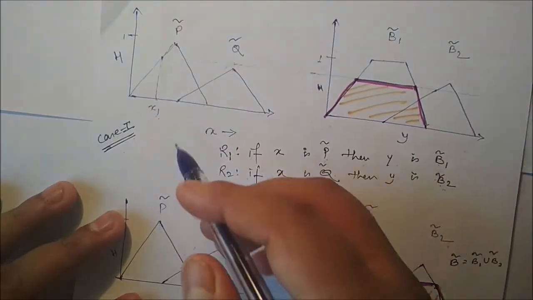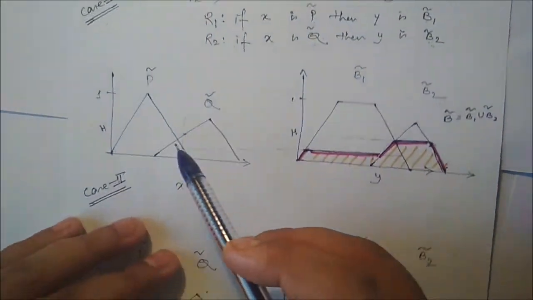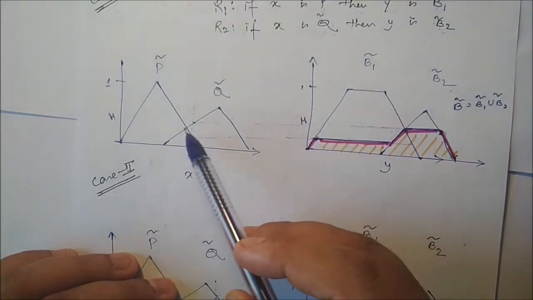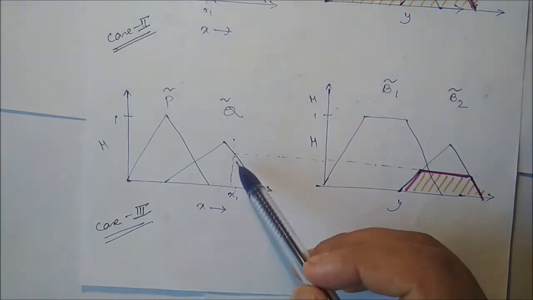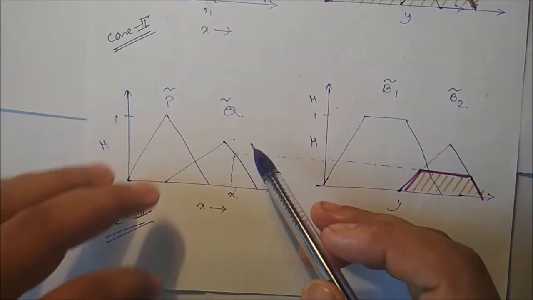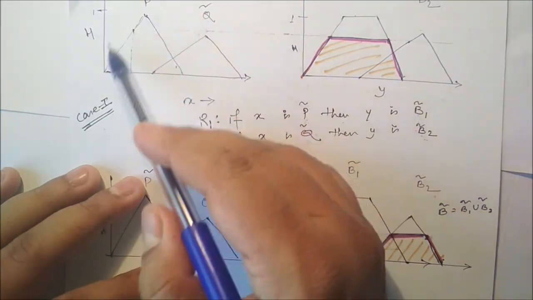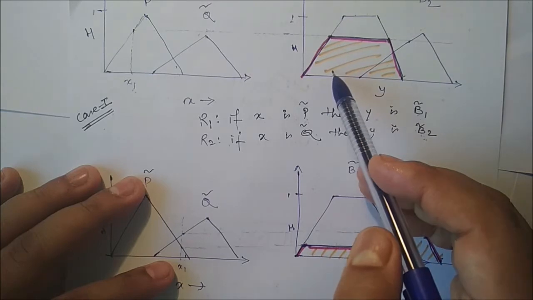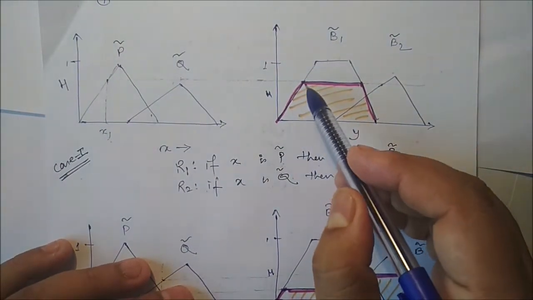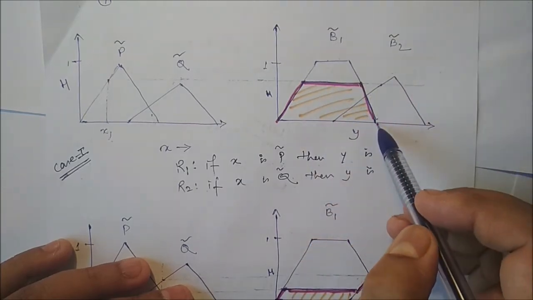In case 1, it intersects with only the P set. In case 2, it intersects both P and Q, and in the third case the input intersects with the fuzzy set Q only. So in case 1, if the input x1 intersects with only P, then the associated B1 will be the output, and this particular part is the fuzzy output.